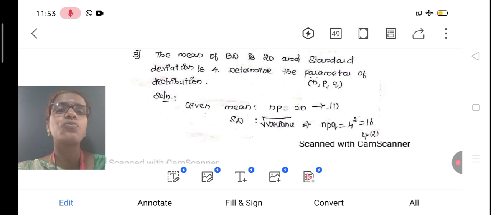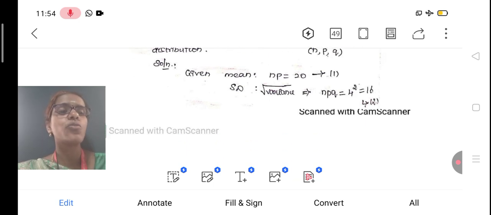That means you have to remember the parameters of the binomial distribution are n, p, q. We already know the concept because we already did two problems. The only difference is that in this problem they have given the standard deviation. So you should know the relation between standard deviation and variance: the standard deviation equals the square root of variance.